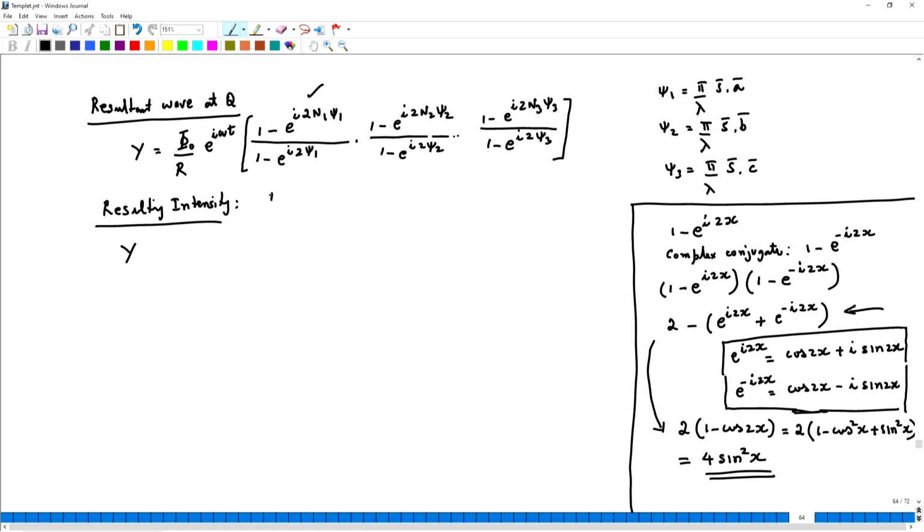The resultant intensity I is equal to psi star. So, now let me write the complex conjugate.